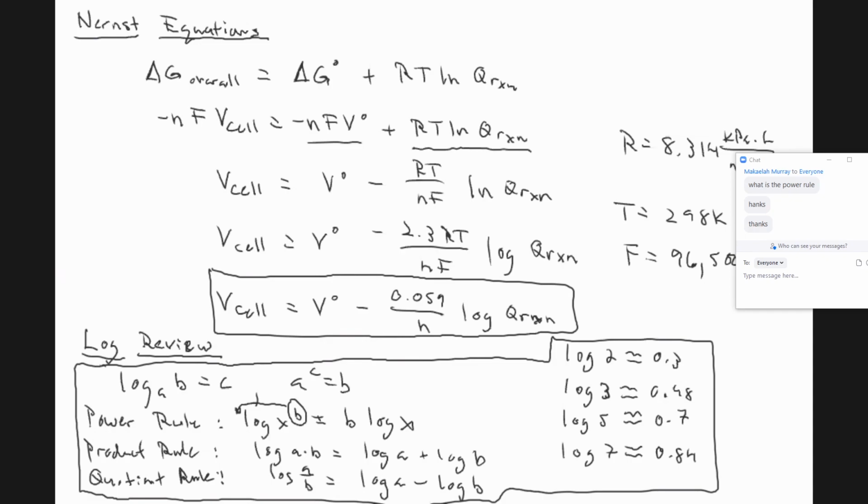So know this basic log review. I'm presenting it to you now. This is everything that you need to know to be successful whenever you're calculating these types of questions with regards to logs, okay? So let's give you guys a question that encompasses this.